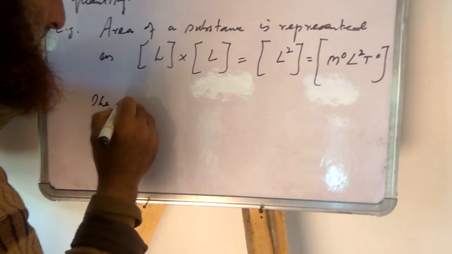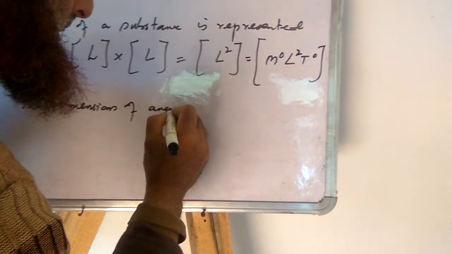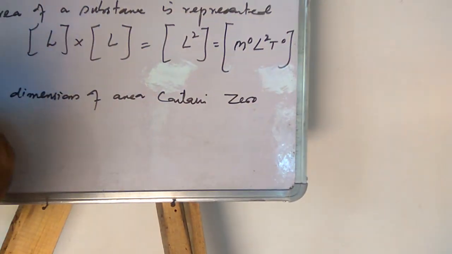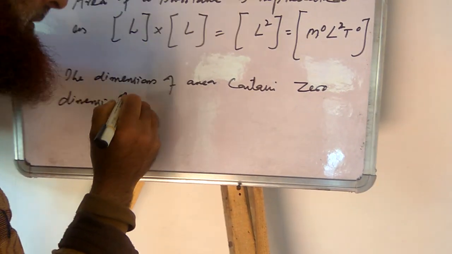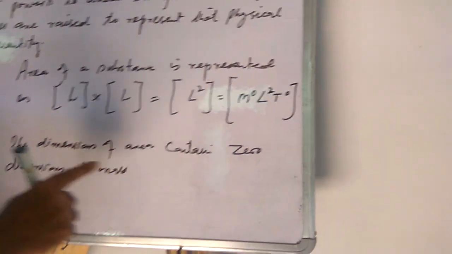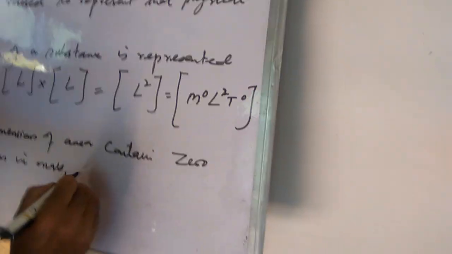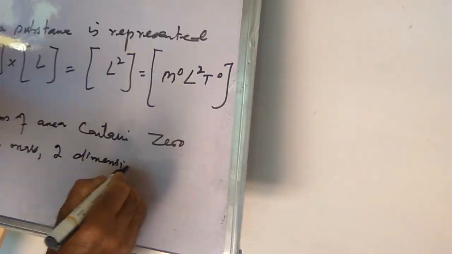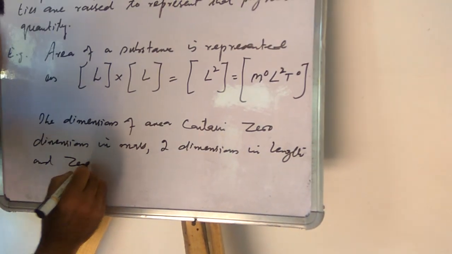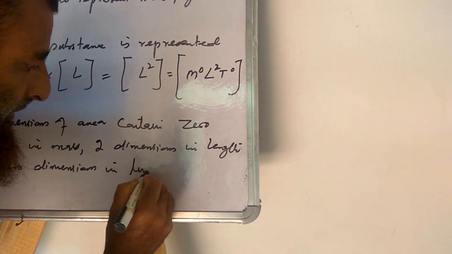Zero dimensions, that is 0 dimensions in mass, or in other words we can say this area is independent of the mass, 2 dimensions in length and 0 dimensions in time.